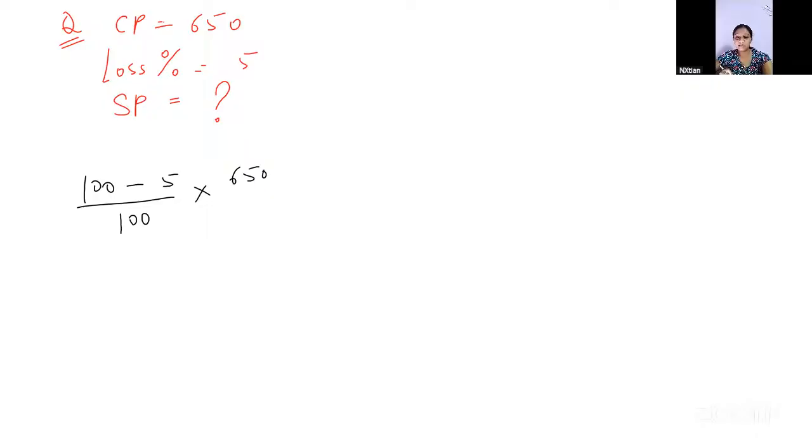Another method is to find out first the amount of loss. So loss amount will be loss percent divided by 100 into CP.